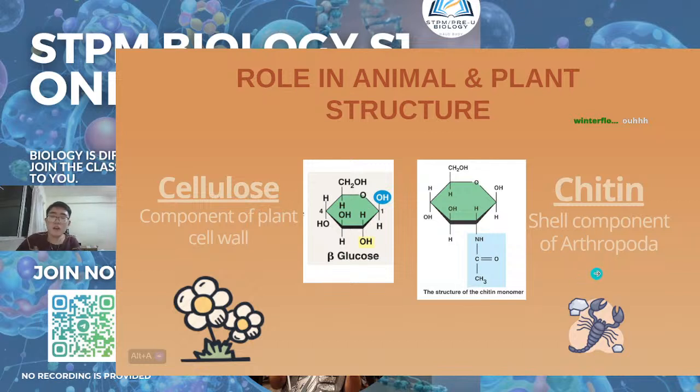If you use crab as an example, crab has a shell, right? Prawn also has a shell. So the shell component is chitin for these organisms.